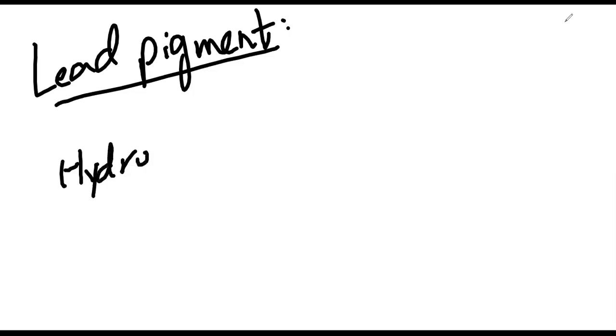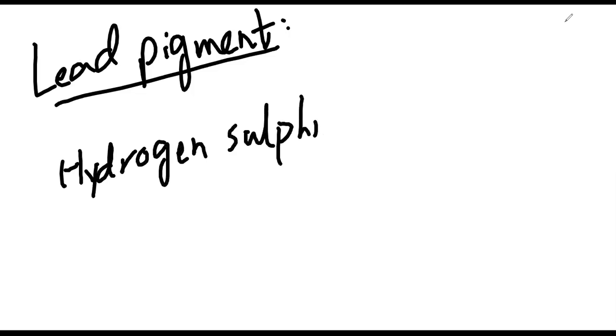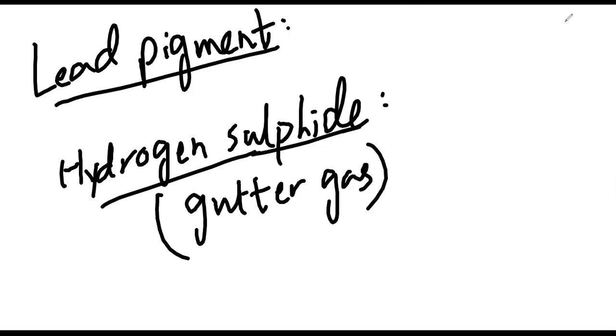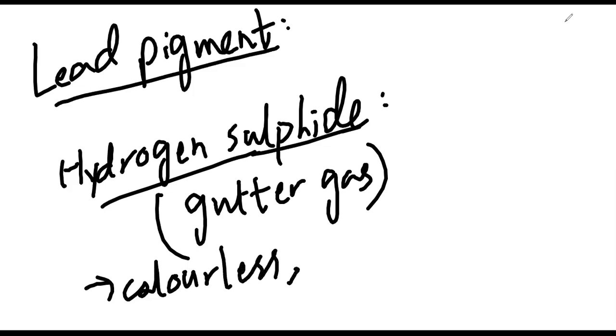Hydrogen sulfide. Okay. Hydrogen sulfide is also known as sewer gas. It is a colorless, toxic gas. Toxic means reactive.